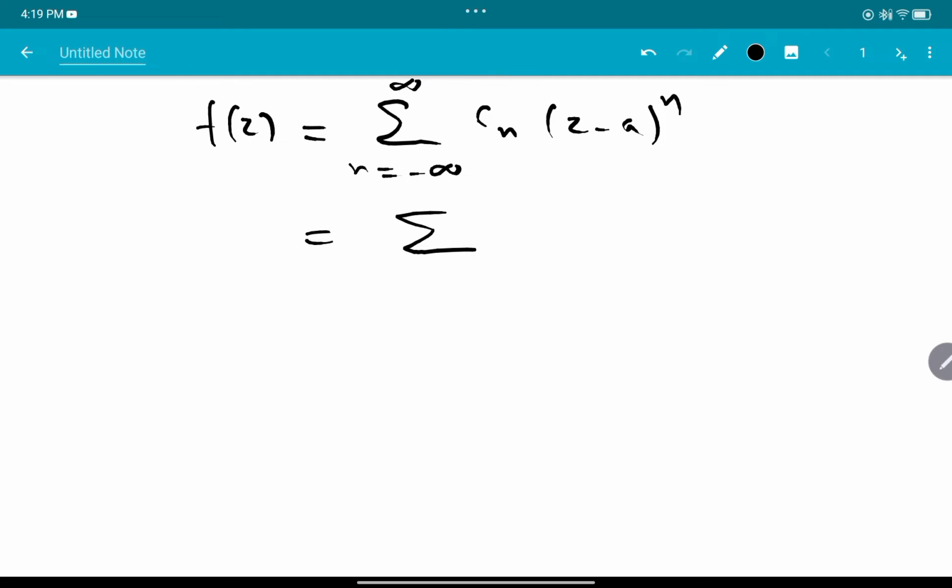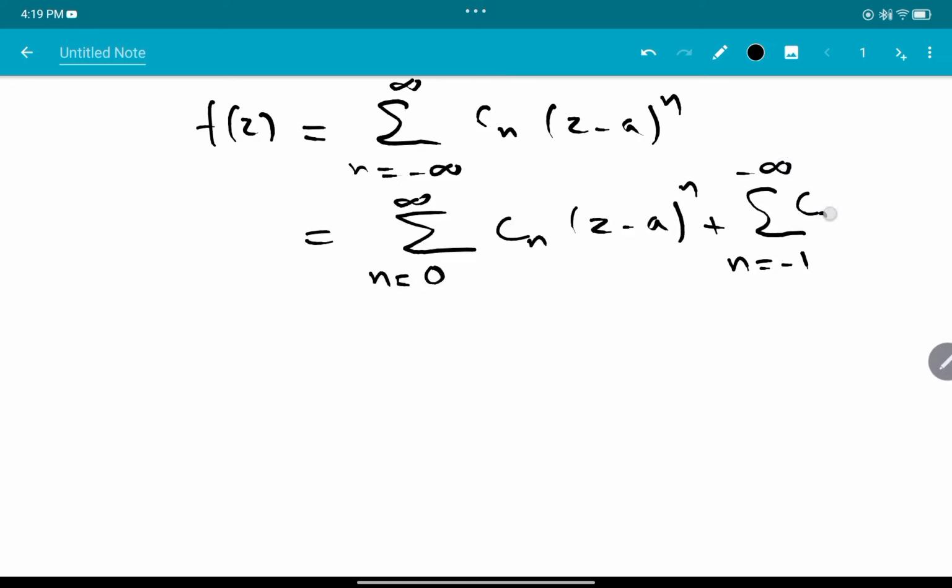One is n equal to 0 to plus infinity of c_n (z minus a) raised to n. Another is n equal to minus 1 to minus infinity of c_n (z minus a) raised to n.